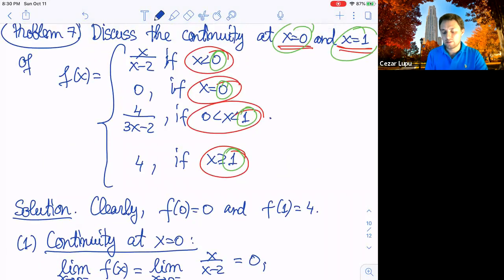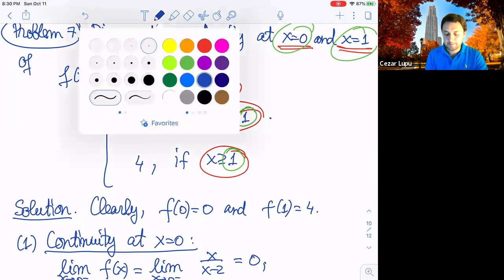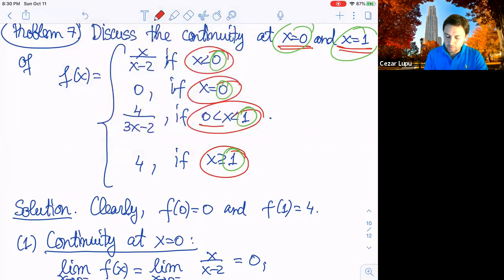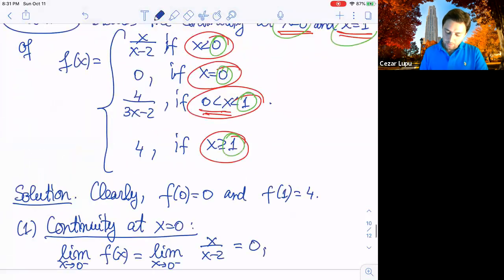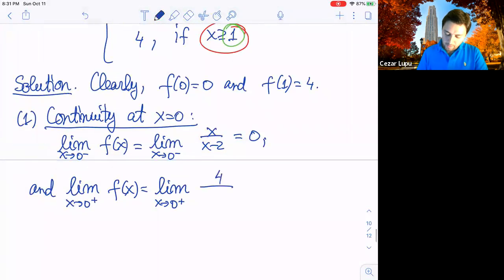You see I have this part here, which includes values of x greater than 0. So I will put this function, 4 over 3x minus 2. So this will be negative 2. As you can see, these two values here do not agree.